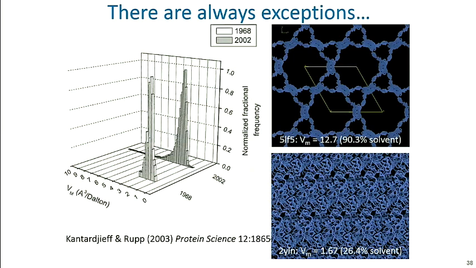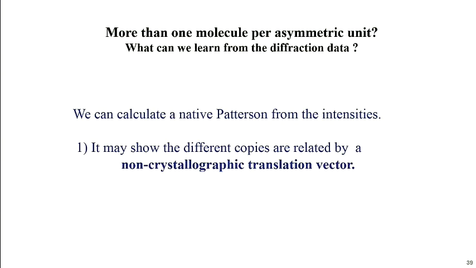The one at the top is sort of a lace, and it was 90% solvent. The one at the bottom is incredibly densely packed, and there's only 26% solvent. So again, remember that we don't know the space group, we have some intelligent guesses. We don't know the number of molecules, we have some intelligent guesses. So, what more can we do?